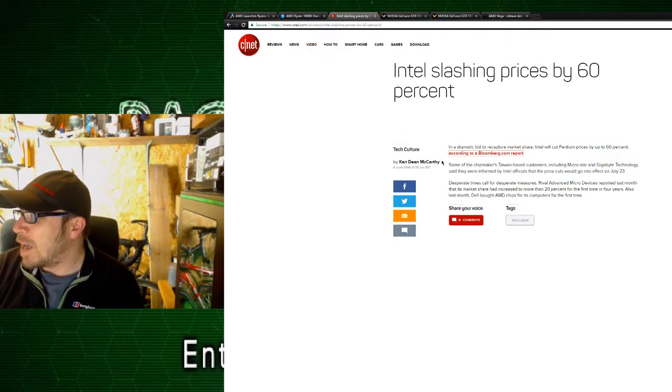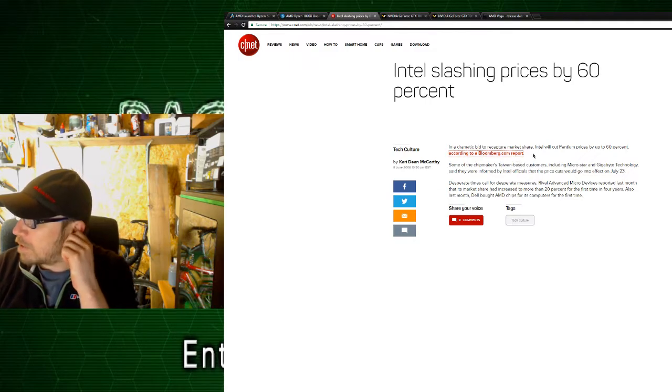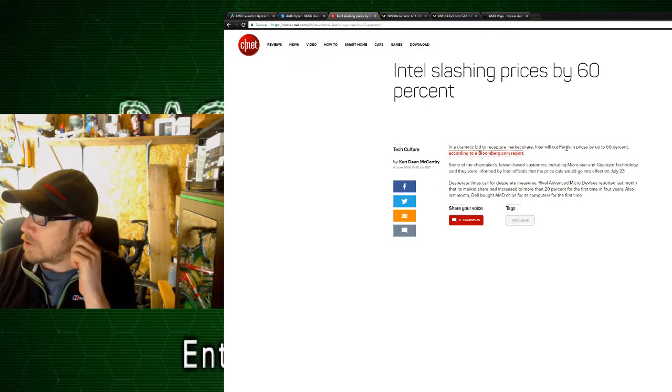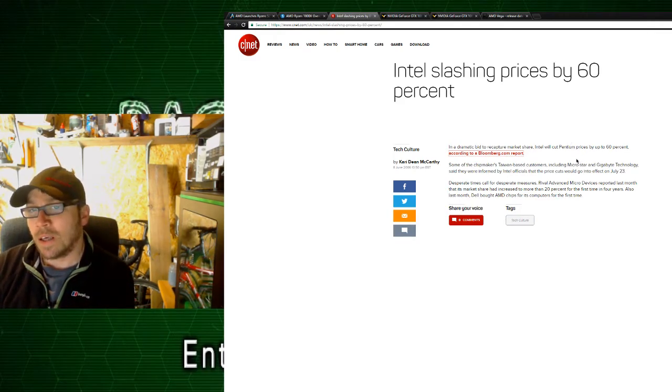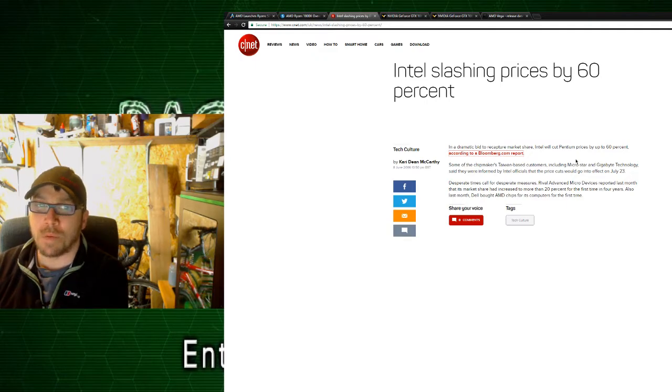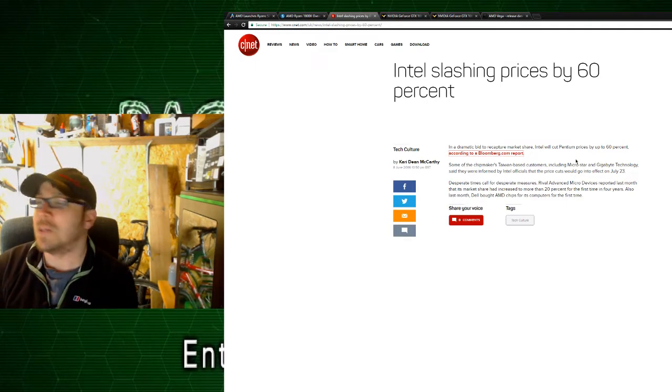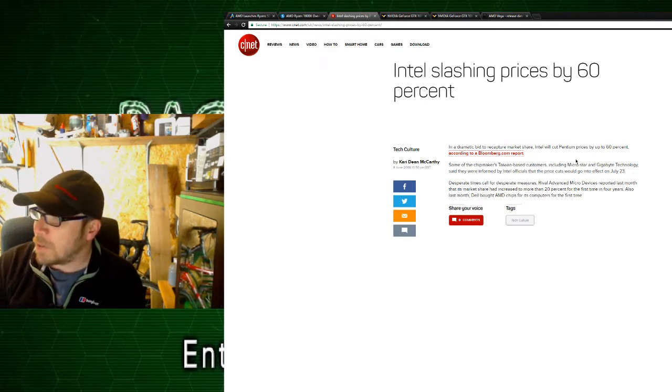This comes from Bloomberg.com. There was a report by Bloomberg, and it said that Intel will cut Pentium prices. Now, I don't know if they mean Pentium meaning their core lineup, as well as just things that are actually labeled Pentium, by up to 60%.